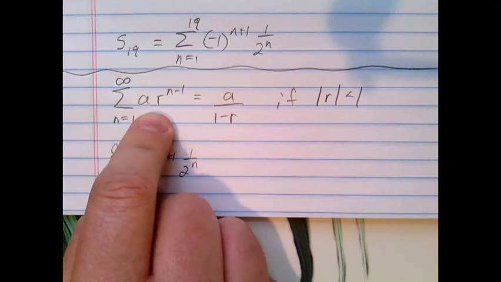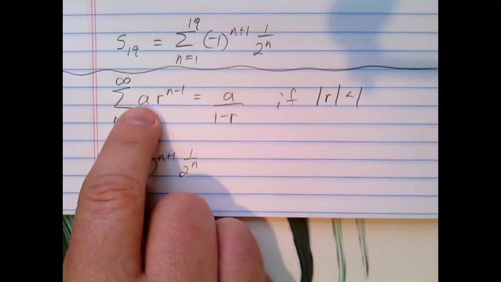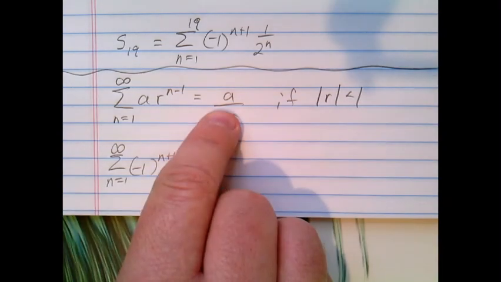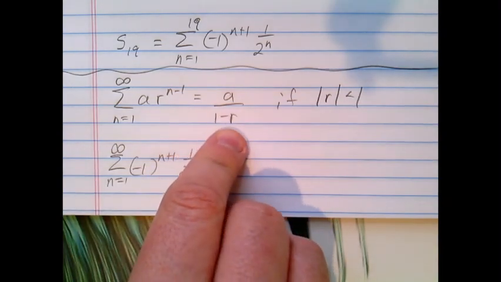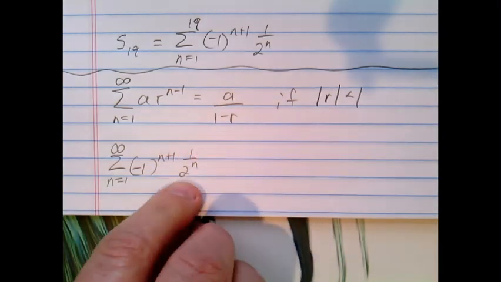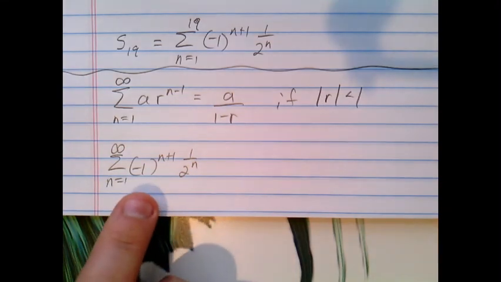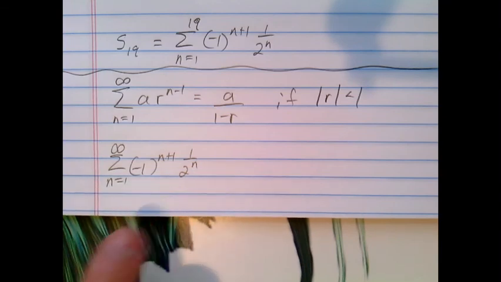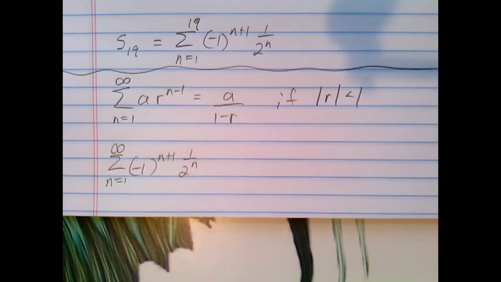Okay, if you've got an infinite geometric series of the form a times r to the n minus 1, and the absolute value of r is less than 1, then the sum of that series is a over 1 minus r. And as it happens, this alternating series that we've been looking at in problem 283 is, in fact, a convergent geometric series. Now, we're going to have to rewrite it a little bit.